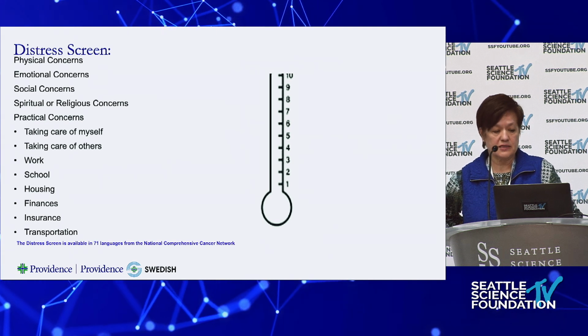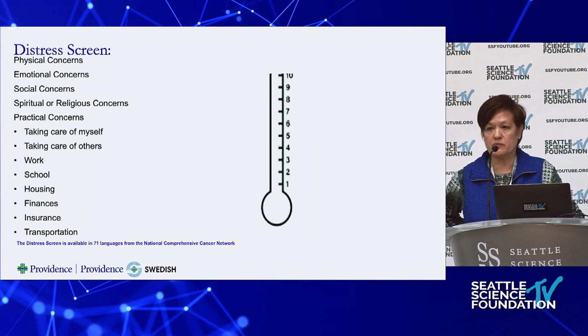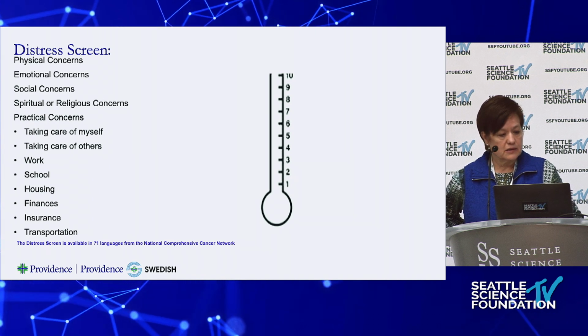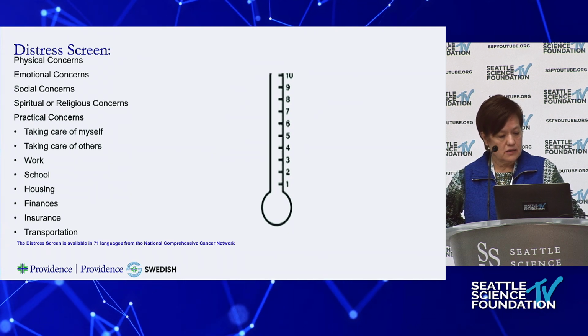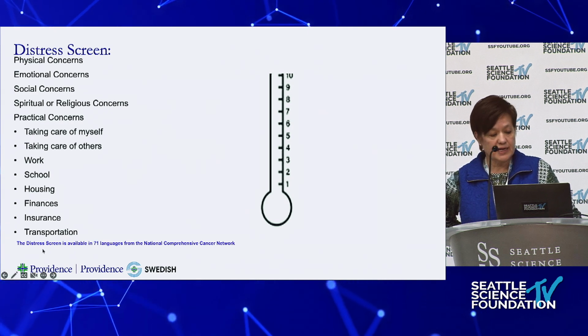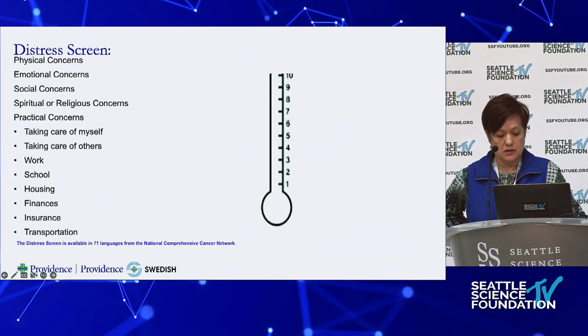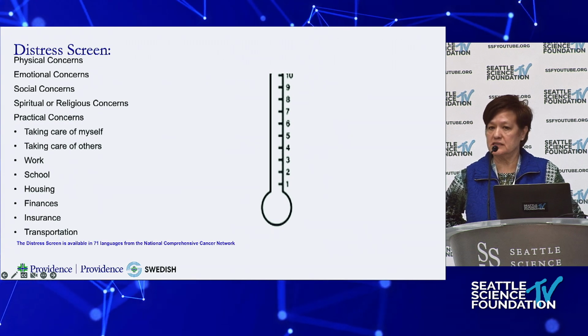Those are all kinds of things that families might have concerns about that we, as a social worker, can assist with and provide resources. And then down the line, we're talking about school, housing, finances, insurance, transportation, all the things that affect folks, where you're going to need resources and help.